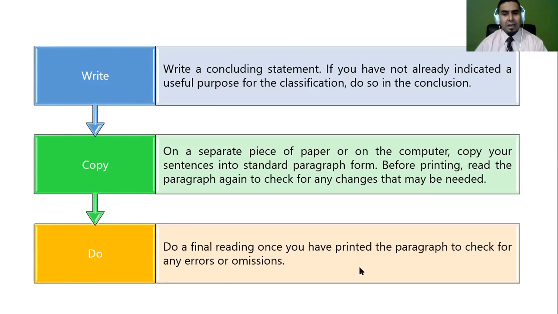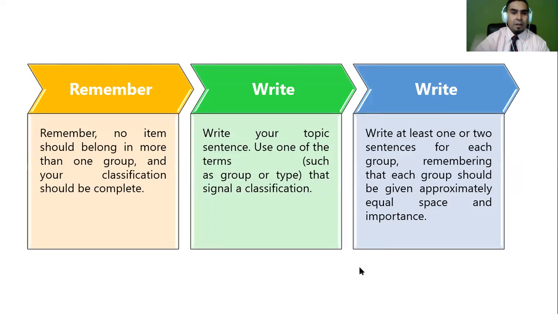Before printing, read the paragraph again to check for any changes that may be needed. And do a final reading once you have printed the paragraph to check for any errors or omissions. Now, remember, no item should belong in more than one group, and your classification should be complete.